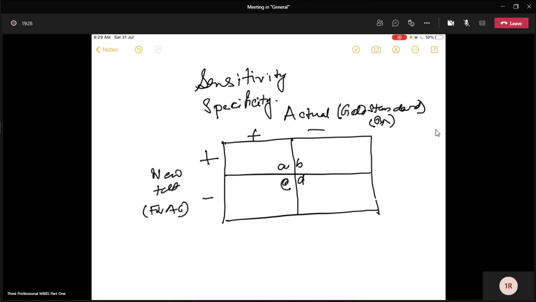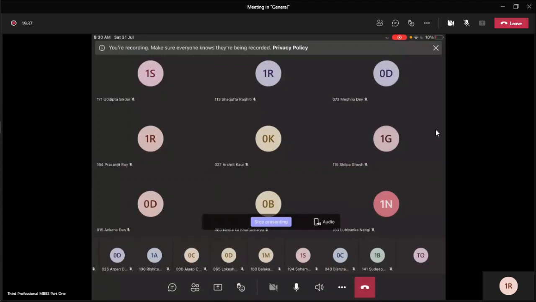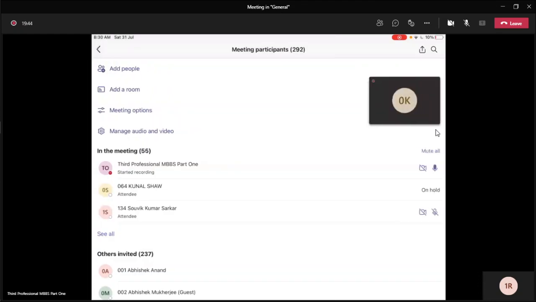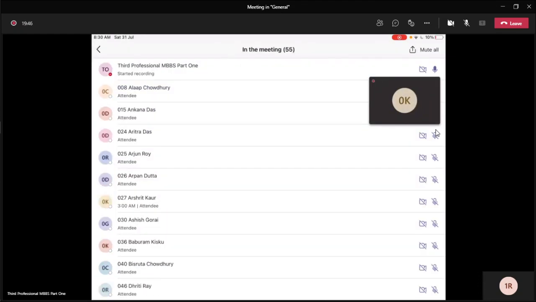Are you able to see this matrix, all of you? Yes, sir. Right. Now, Bisruta Chaudhary, roll number 40. Are you there or are you sleeping?